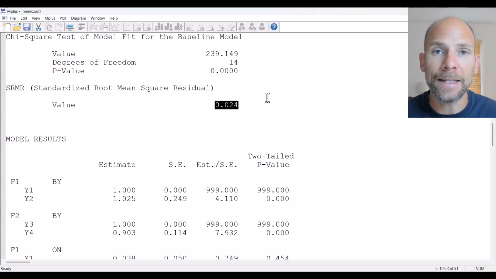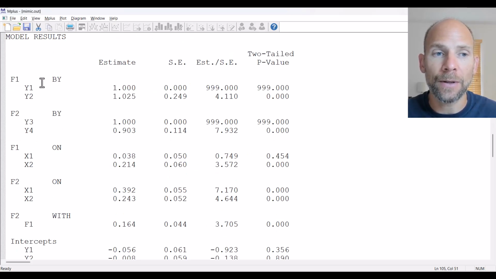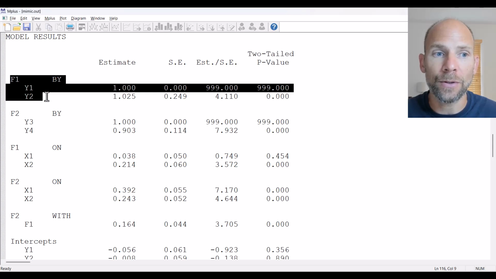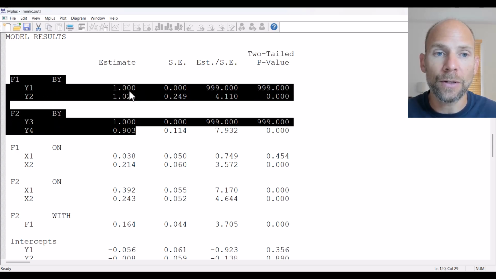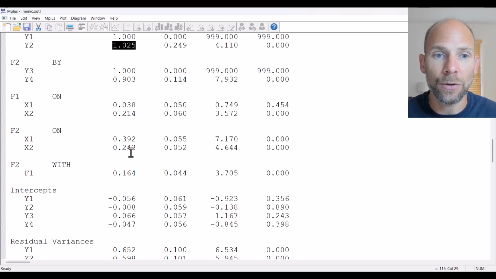Next are the unstandardized parameter estimates, and you can see, first of all, we get the loadings of the variables on the factors. The first loading is always fixed by default in Mplus so that we can scale the latent variable appropriately. The second factor loading is estimated. And then next we get our unstandardized regression coefficients for the regressions of the factors on the covariates.